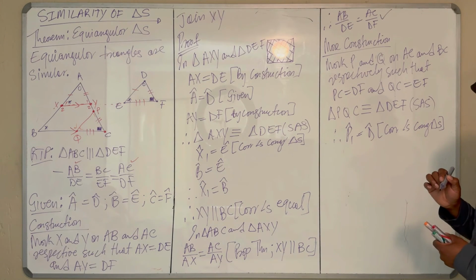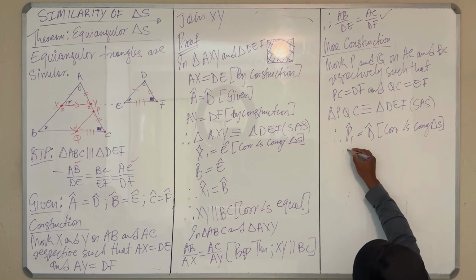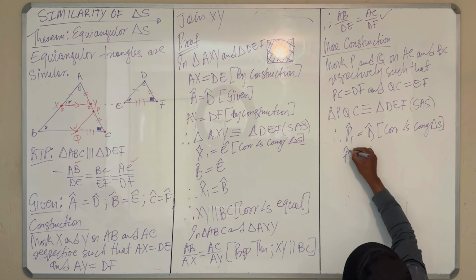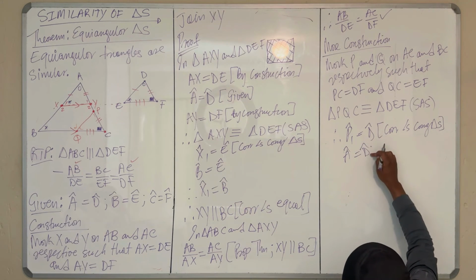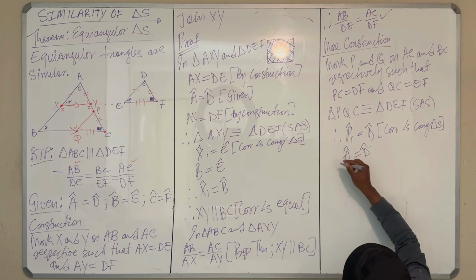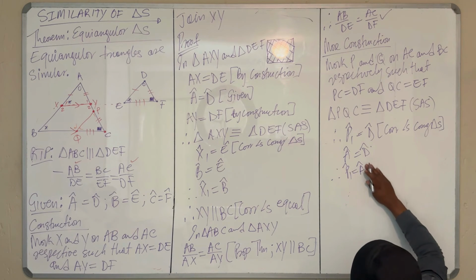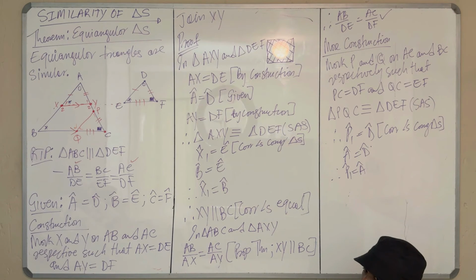I follow you? Yes. But your angle D is also called angle A. Yes. So these two are equal. Therefore your P1 is also angle A. You don't have a reason for this. This is the transitivity of equality. You don't have to give a reason for it.